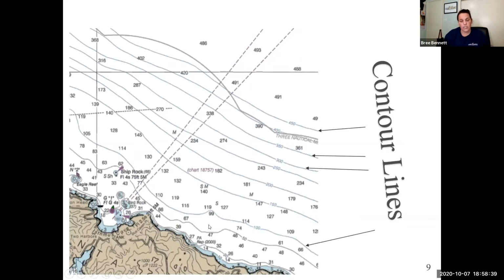These are your contour lines. These blue lines are read in fathoms because this is on our San Pedro chart. So if you're approaching the isthmus, going in for a festival or something, you can be looking at your depth sounder. If you see it crossing 300 and getting shallower, you know that you're somewhere along this line.